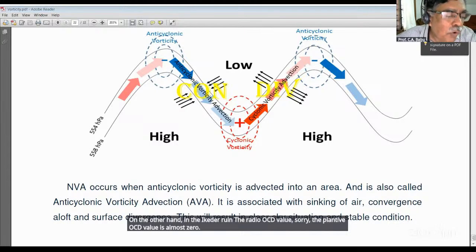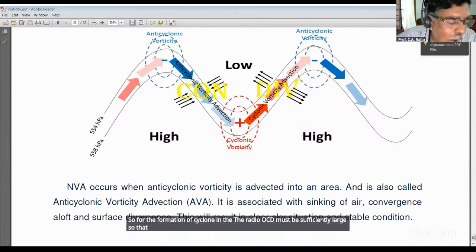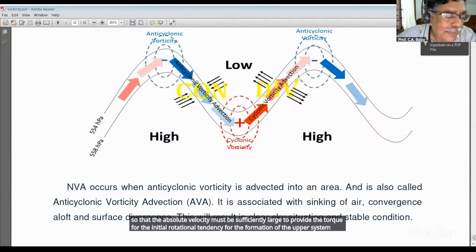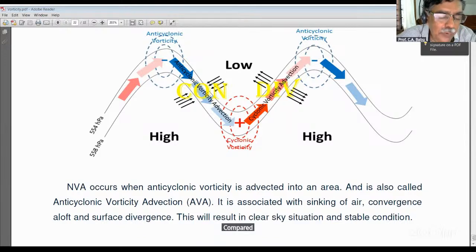So, for the formation of cyclone in the equatorial region, the relative velocity must be sufficiently large so that the absolute velocity is sufficiently large to provide the torque for the initial rotational tendency for the formation of low pressure system, and hence the frequency for the formation of low pressure system over the equatorial region is very small compared to that in the mid latitude region.